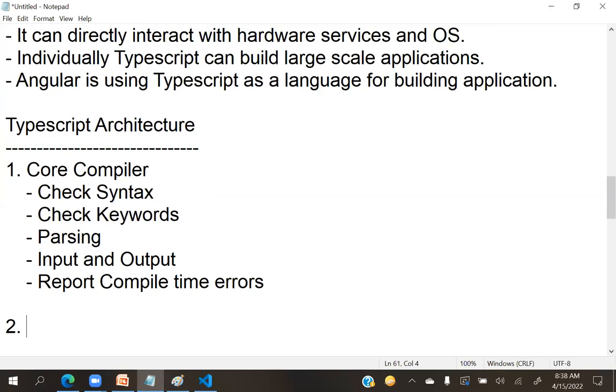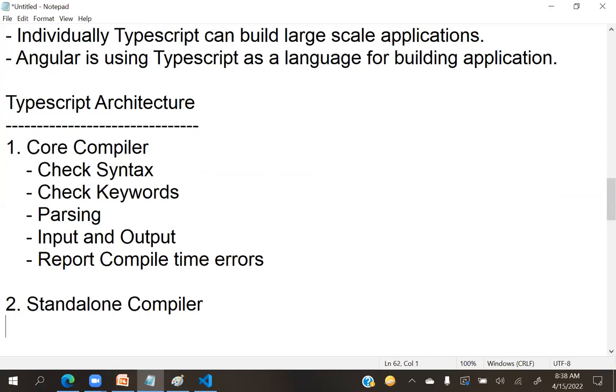That is done by another compiler, the standalone compiler. We have two compilers in TypeScript. One is the TypeScript standalone compiler, TSC, as we call it. Why two compilers? One compiler will check the problems.